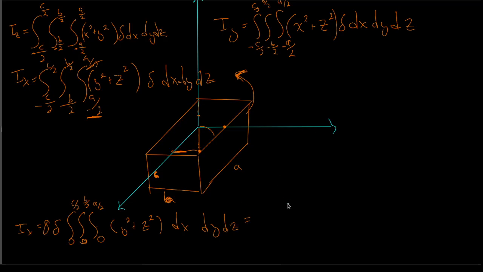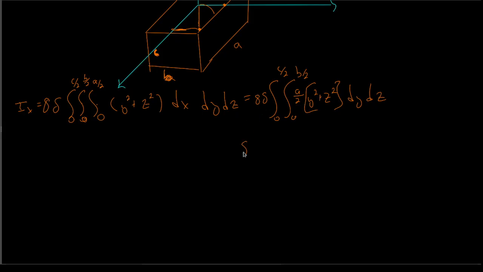And so the first integral, 8 delta, 0 to c over 2, 0 to b over 2, and then I'm going to have y squared plus z squared evaluated from, I'll bring in a over 2, dy dz.